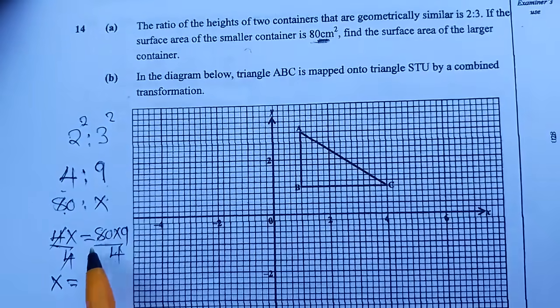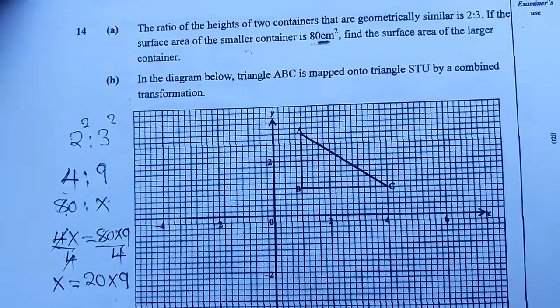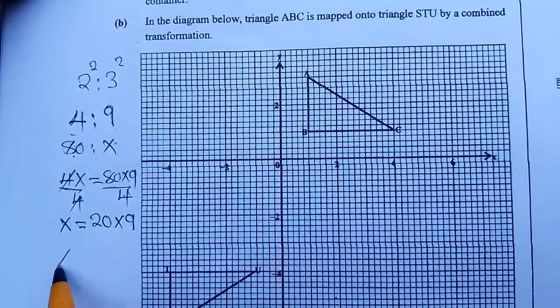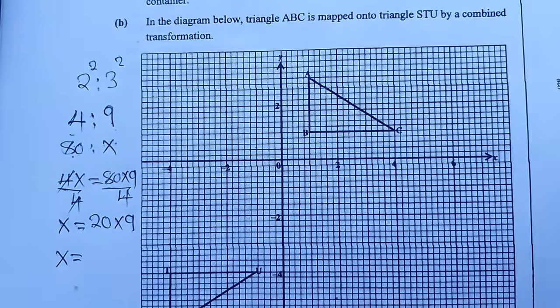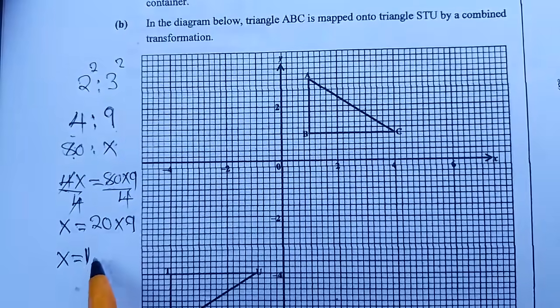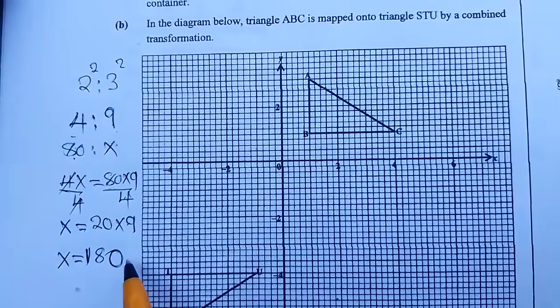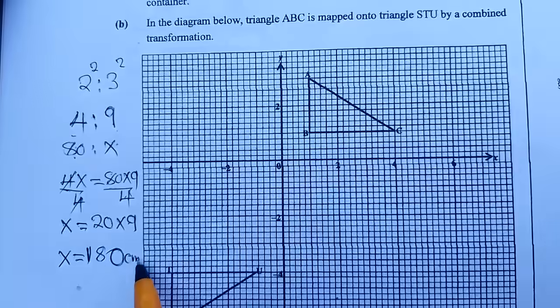This is 20. You just say this is 20 times 9. So 20 times 9, what answer are you getting? 18, here times 2, 18 plus a 0, 180. So it is what? 180 centimeters squared.